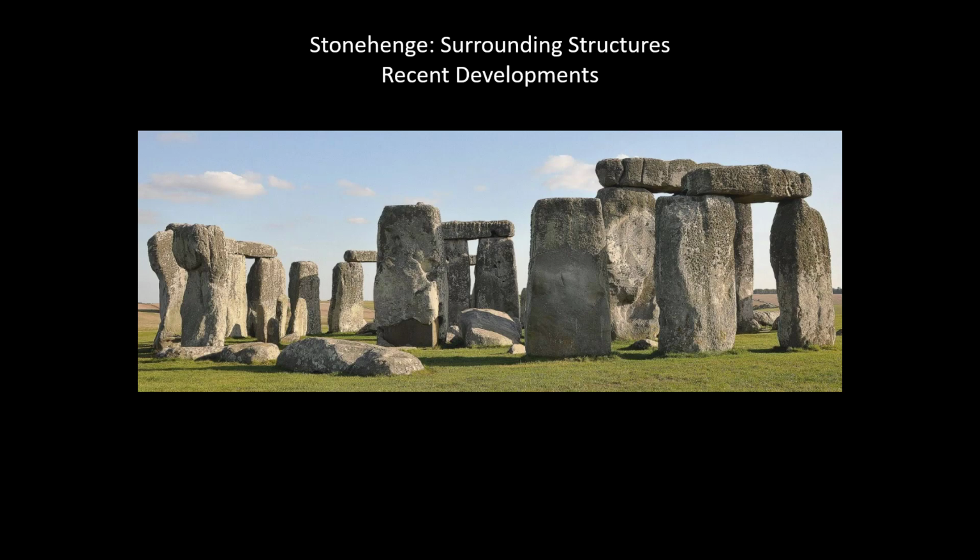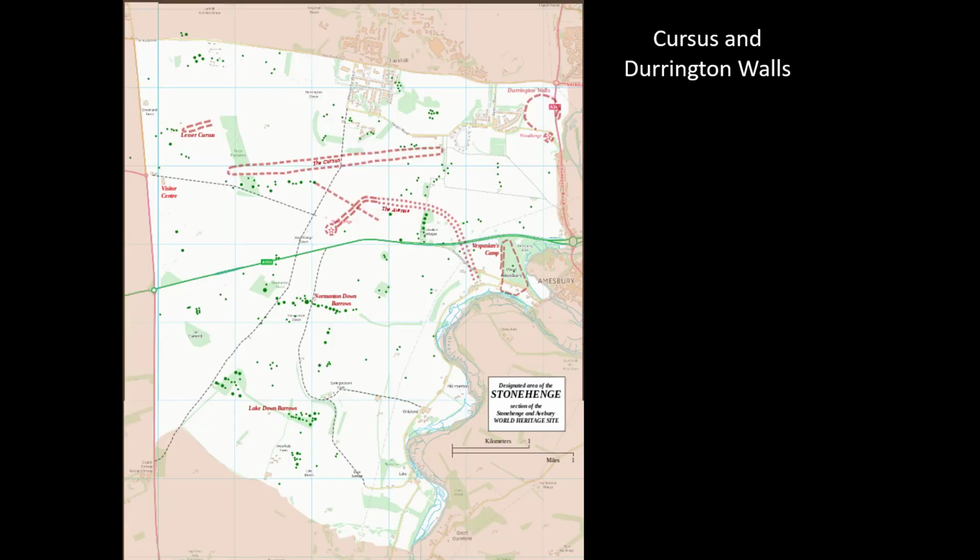Now this is a map that's got a lot going on, but we'll look through it and it'll give you a sense of where we're at. Now I just want to point out, this is Stonehenge right in here, and this is the avenue. Now if you haven't done the readings yet, which is totally fine, you'll probably be like, I don't know what the avenue is, but you will know about the avenue once you do your readings.